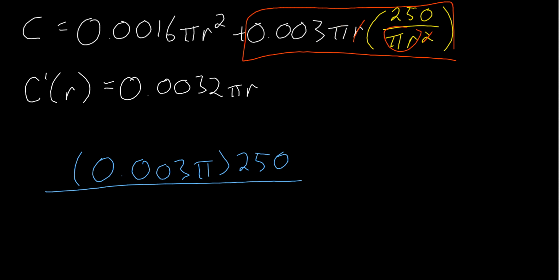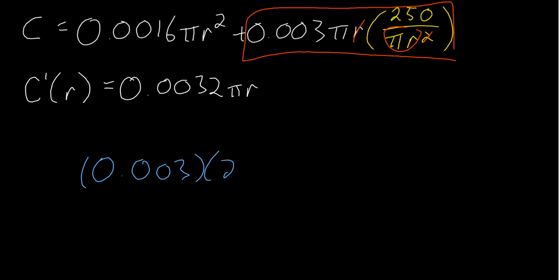So that makes it 0.003 times 250 all over just 1r. And then if I want to, I could take this r and put it in the numerator, if you recall, but I have to make that a negative 1.